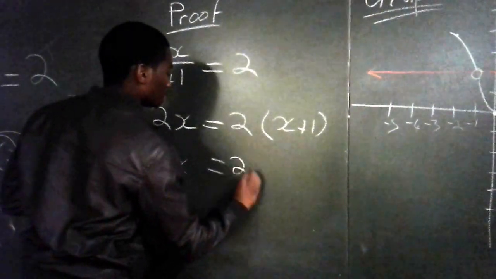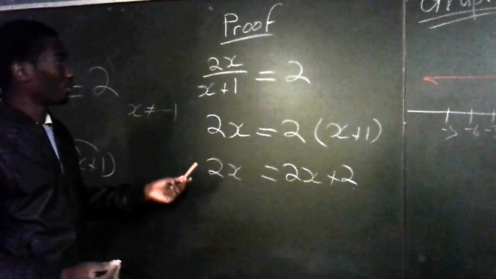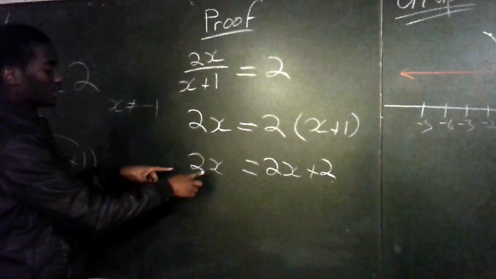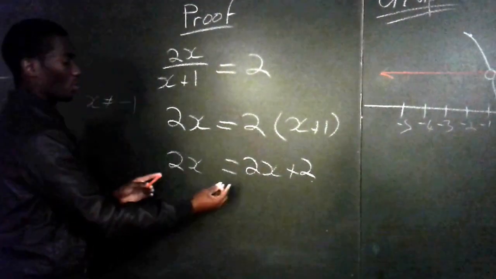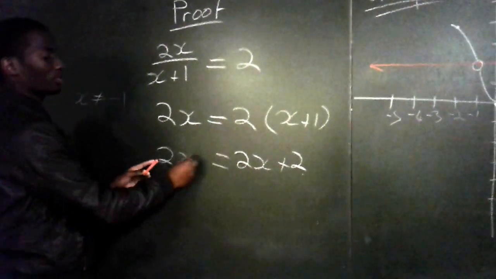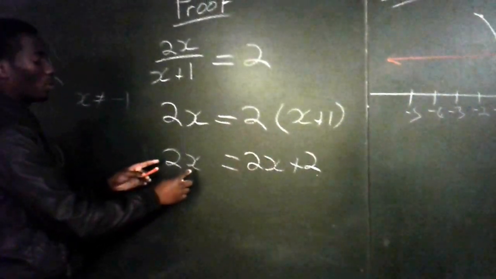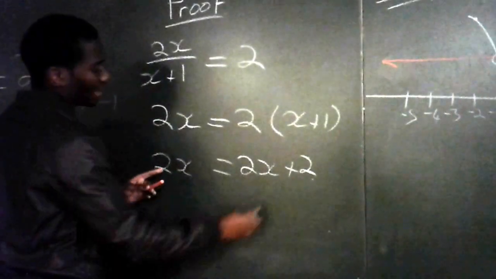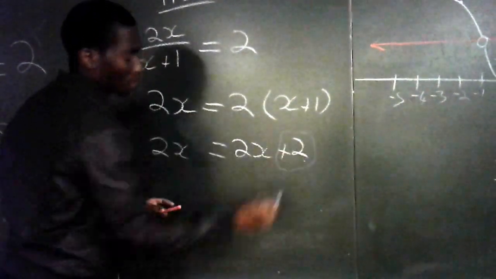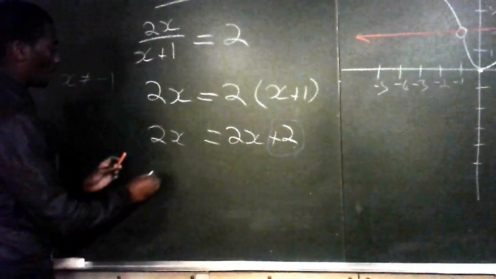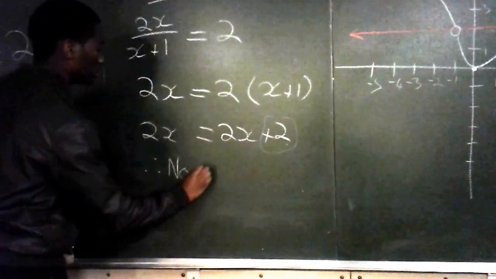Sorry for that, 2x plus 2. Now, this is my proof personally. If you see here, it's 2x equals 2x plus 2. So from here, you see that it's impossible for these two values to be equal because the left-hand side will always be 2 units smaller than the right-hand side because of the plus 2. Therefore, I can conclude that there is no solution.